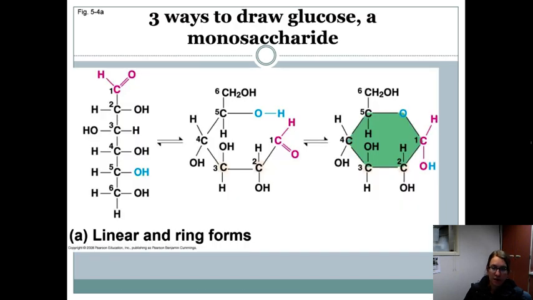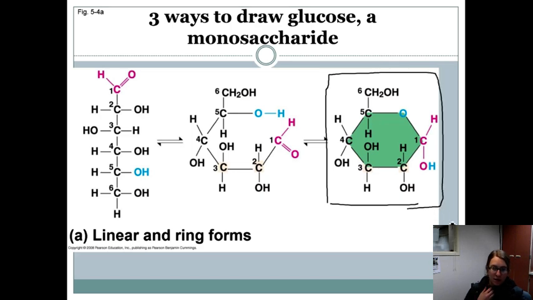So here is a picture of a few ways to draw glucose. Usually in your body, it's in this third form. It looks like a ring. So we said that they usually look like a pentagon or a hexagon. And it shows you there, and you could count the numbers of C's, H's and O's. And remember, glucose should have 6 C's, 12 H's, and 6 O's.